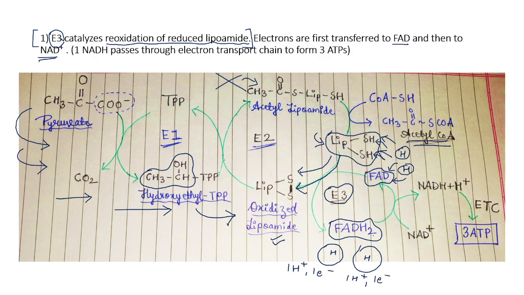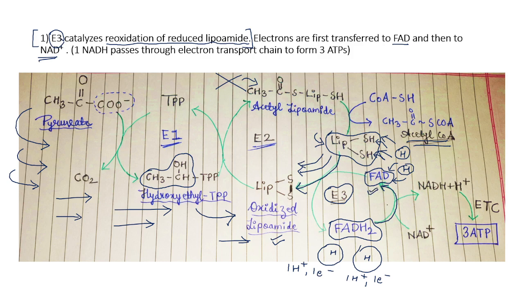Okay, now this FADH2 has to be converted into the oxidized state so that the next cycle of pyruvate oxidation can occur. Reduced lipoamide will be oxidized, and the hydrogen atoms which are released should be accepted by oxidized FAD.